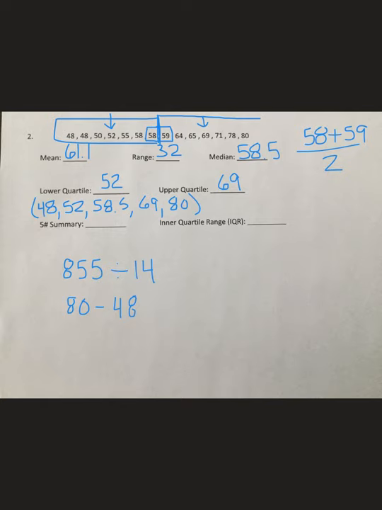That's going to be our 5-number summary: your minimum, first quartile, lower quartile, median, upper or third quartile, maximum. And to find the IQR, you take the 2 quartiles and you subtract them. Any questions, please reach out.